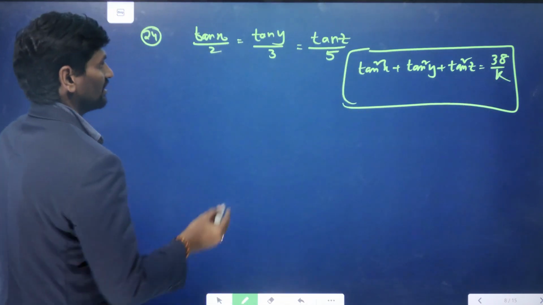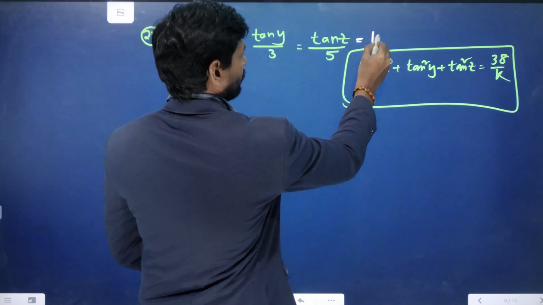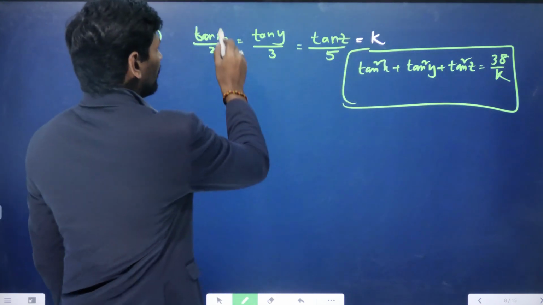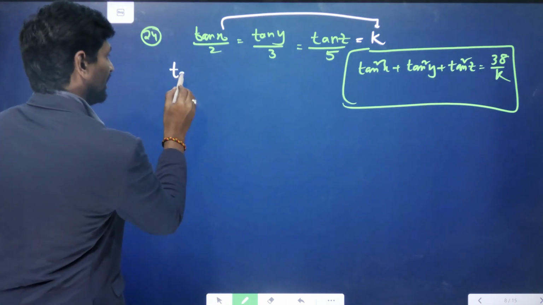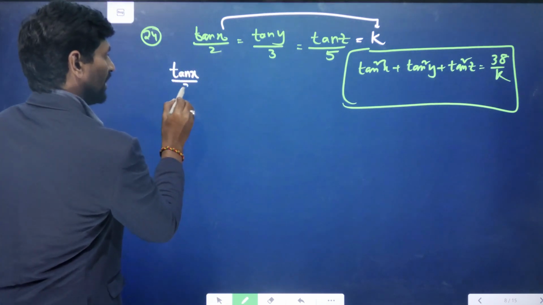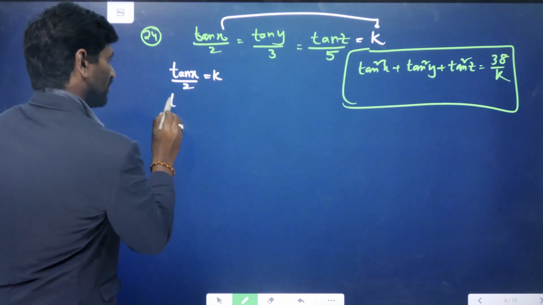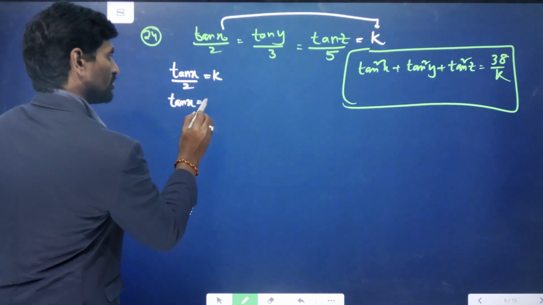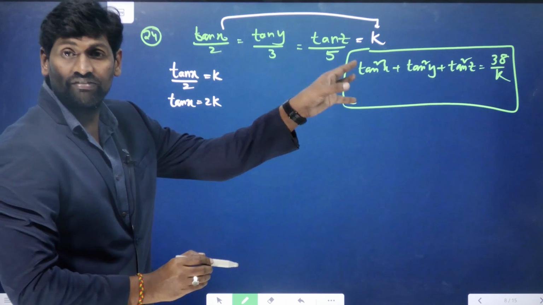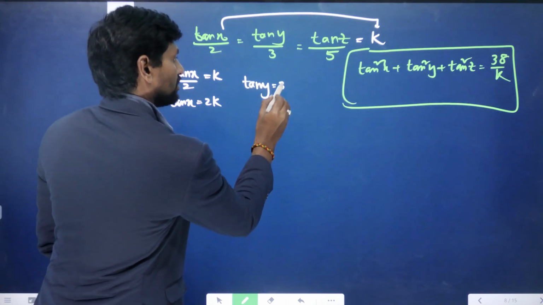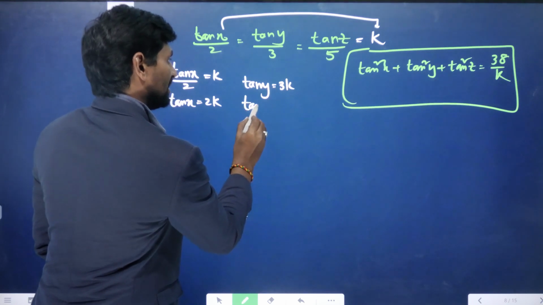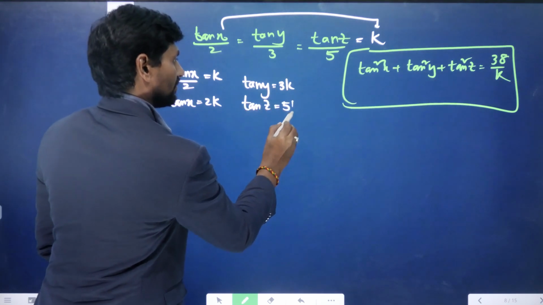Now let us see. These three terms let us take to equal k. First one and last one I am equating. So from this I can write tan x by 2 equals k. From this tan x is equal to 2k. Similarly we can write both of them: tan y equals 3k, tan z equals 5k.